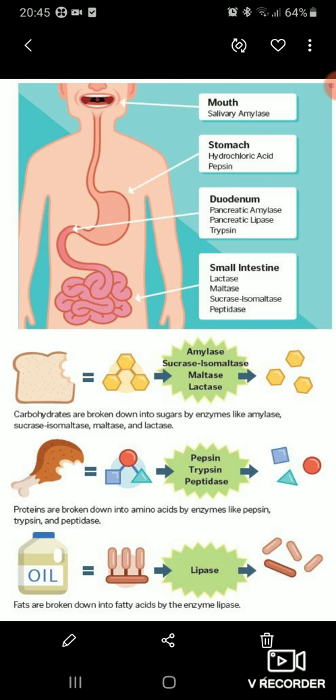Whenever needed by the body, glucose is synthesized from amino acid or fatty acid and glycerol. Synthesis of fat or lipogenesis. Excess of glucose is converted into fat to be stored in adipose tissue. Beta oxidation, desaturation of fatty acid and phosphorylation of fats takes place in liver cell.